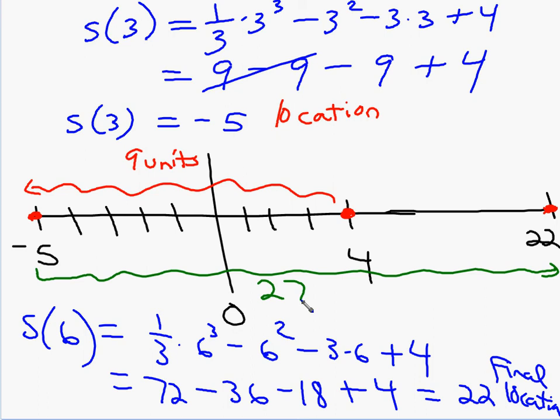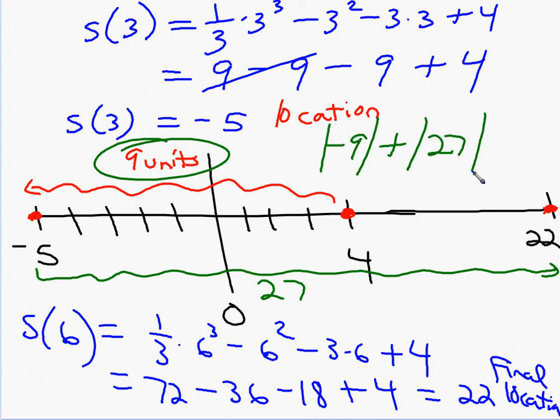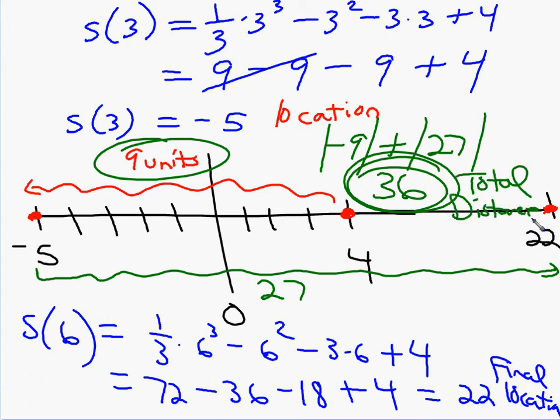So, what is the total distance this particle traveled? It traveled 9 units. Now remember, we don't care about the fact that that was in the negative direction. It traveled the absolute value of -9 plus the absolute value of 27. It traveled 36 units. That is the total distance. All right? And that completes worksheet 1, and that is where we're going to stop for today.